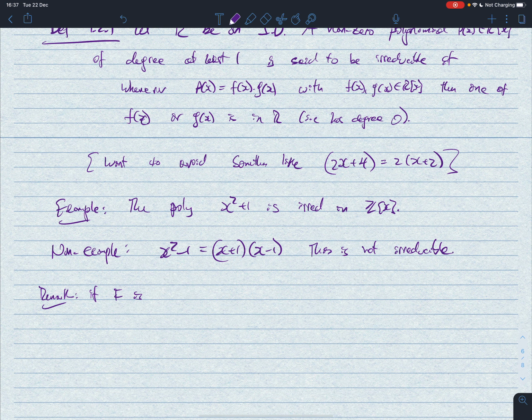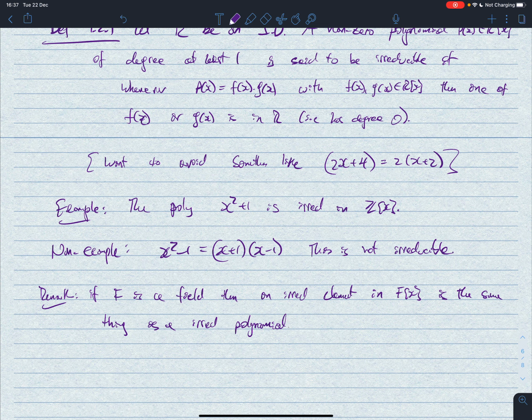If F is a field, then an irreducible element in F of x is the same thing as an irreducible polynomial.